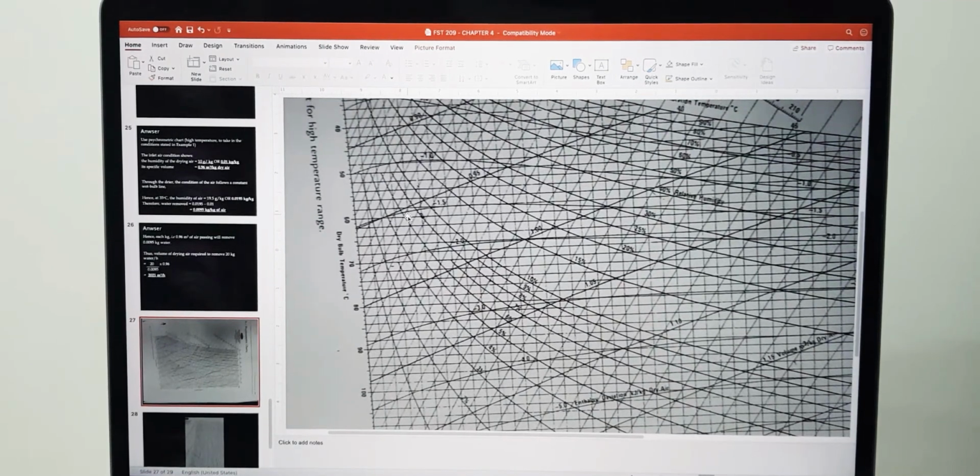Then you need to find the intercept value between 60 degrees Celsius and 8% relative humidity. So find the curvy line of 8%. This one is the relative humidity, it goes down. Then look for the 8%.